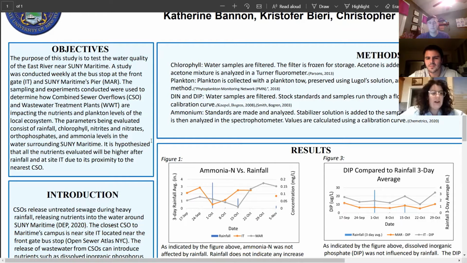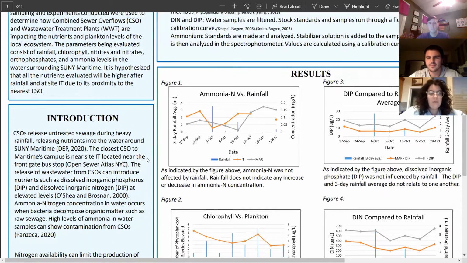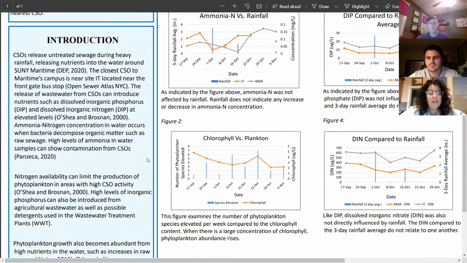Our hypothesis was that because site IT was located closer to a combined sewer overflow, or CSO, it releases more nutrients and would have elevated nutrient levels after it rains due to release of raw water from the CSO.